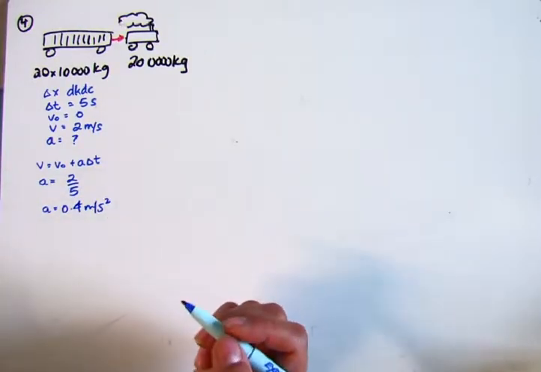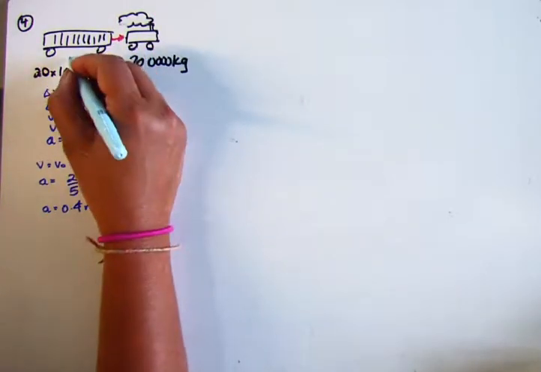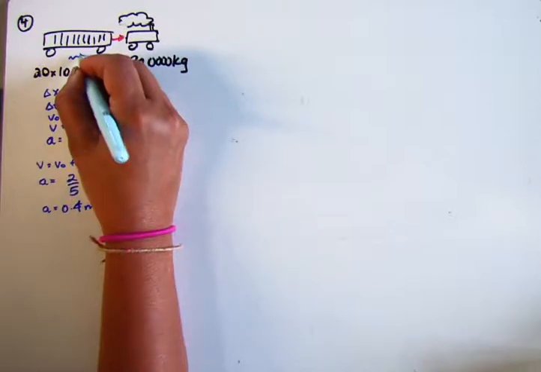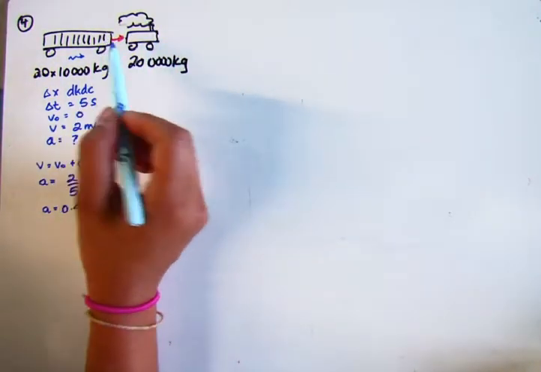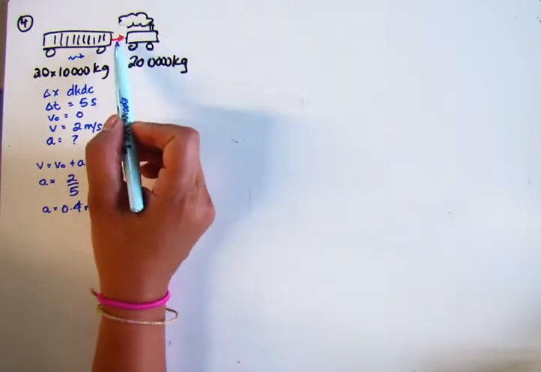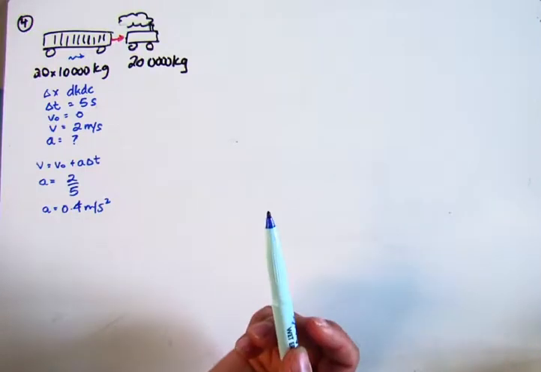And that's the acceleration. So what is that? That's the acceleration of this car. That's the acceleration on this car. Everything's accelerating at the same rate because they're all coupled together. It's asking us for the coupling force. So basically it's asking us for the force that this is being pulled by.